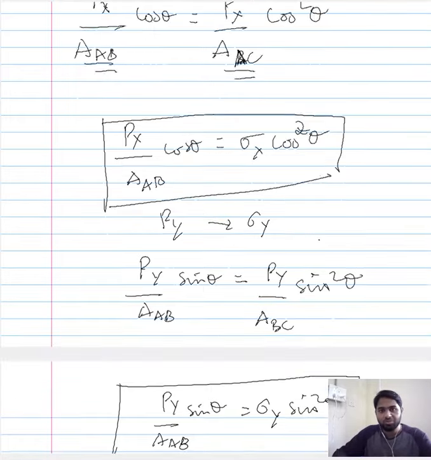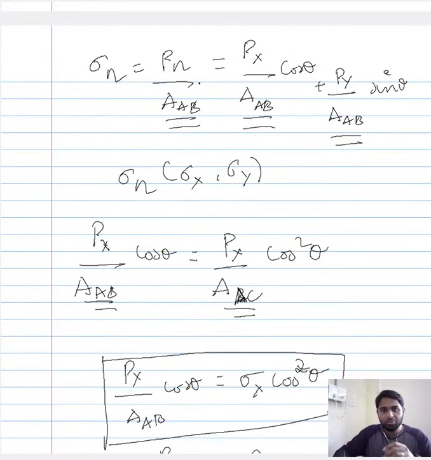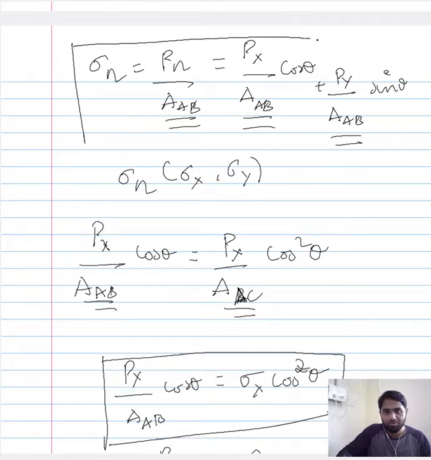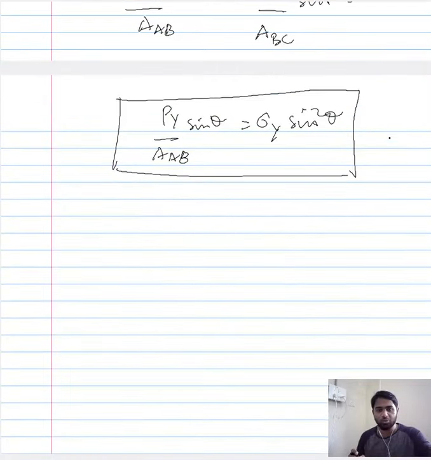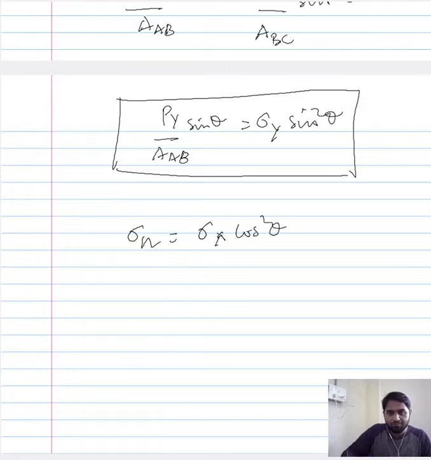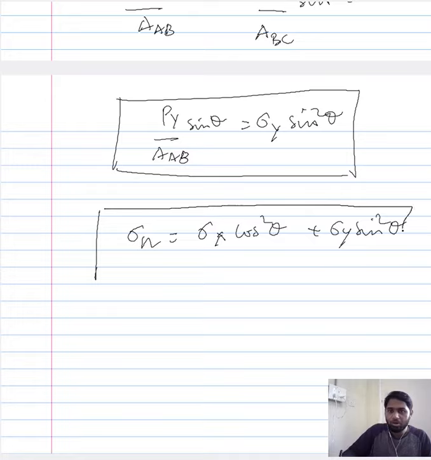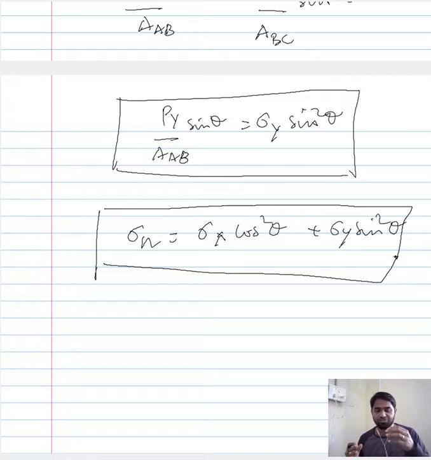Then when you substitute these two into this expression here, in terms of sigma x and sigma y, you could see the normal stress is nothing but the sum of sigma x cos square theta plus sigma y sin square theta. So the normal component of the stress acting perpendicular to a desired region of interest under biaxial loading is of this form.